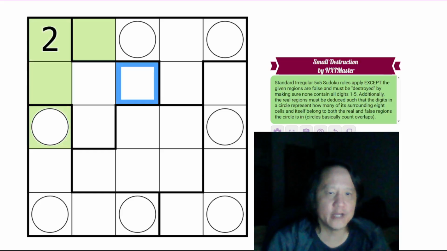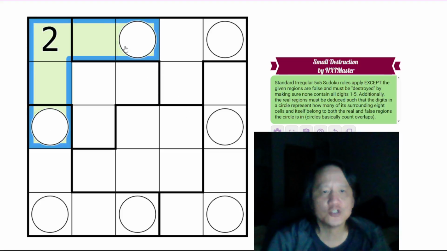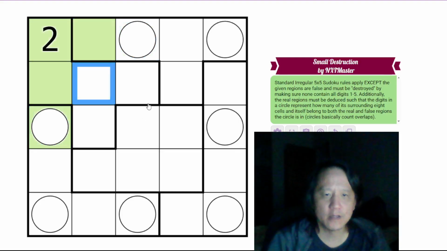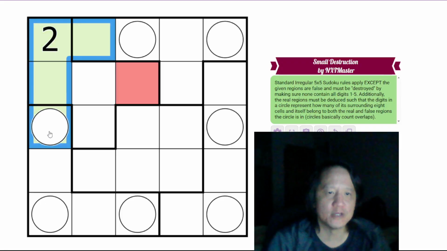You can go from any cell in the region to any other cell in the region just by going through edges, all while staying within the region. So this would be a valid region. But again, this one would not, because this cell cannot get to any other cell in the region just by going through edges while staying within the region.